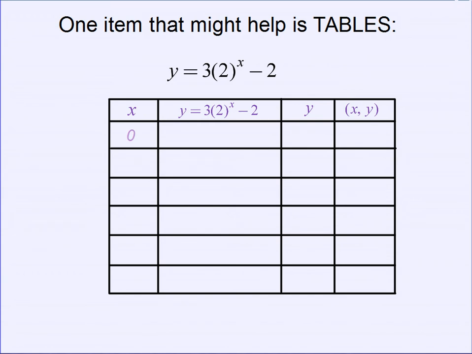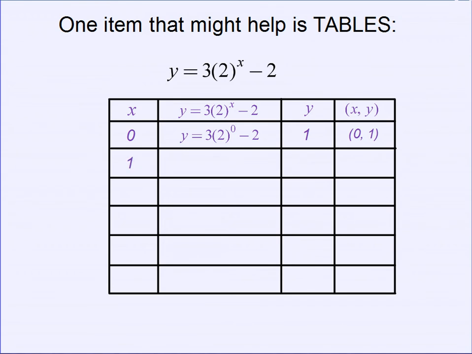Remember, you can pick random values for x, substitute them into your equation, and then in cases like this, when you simplify, make sure that you're using order of operations. 2 to the 0 power comes first, 2 to the 0 power is 1, multiplied by 3 is 3, then subtract 2 and we'd get a y value of 1. That means that 0, 1 is a point on our graph.